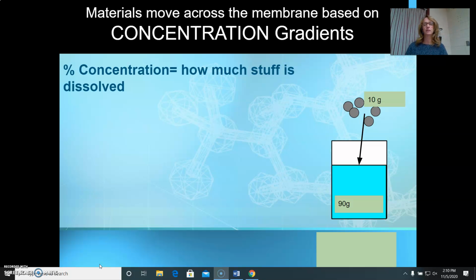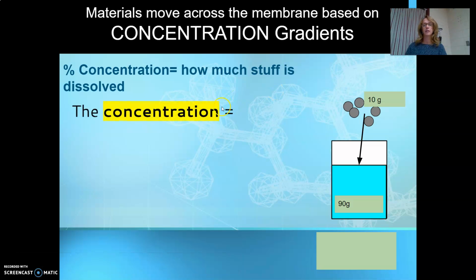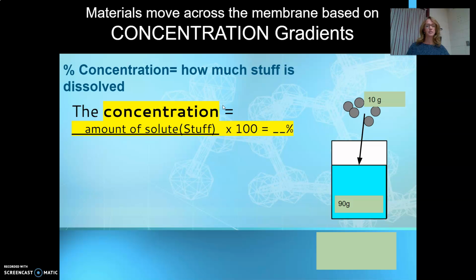Before we can get into those details, we need to learn how to calculate percent concentration. The definition of concentration is how much stuff is dissolved. And the formula for that is the amount of stuff, or the solute, the stuff that goes in, divided by the total volume of the substance times 100 equals a percent concentration.